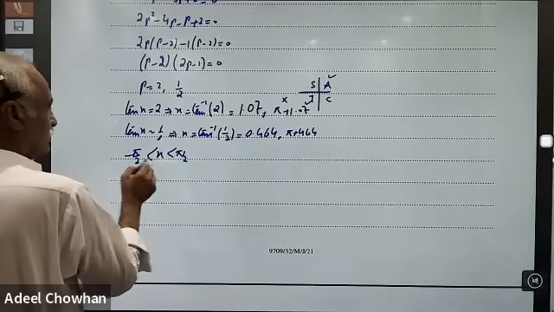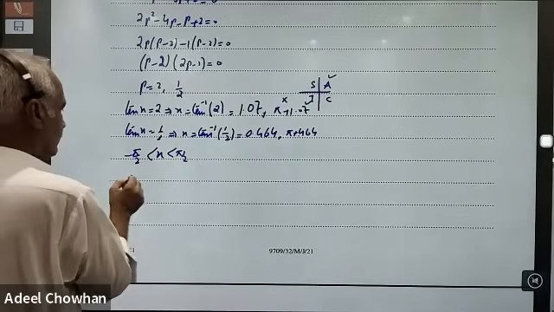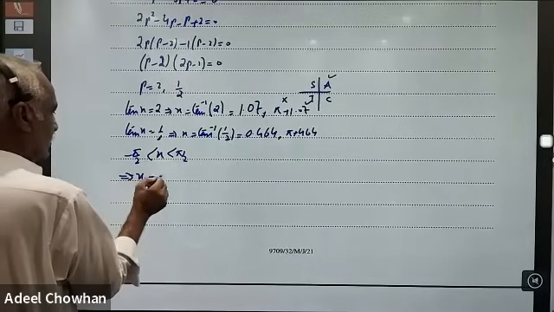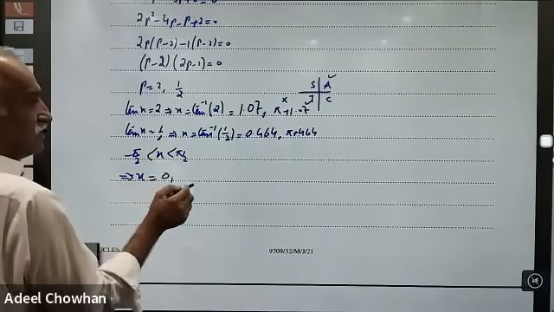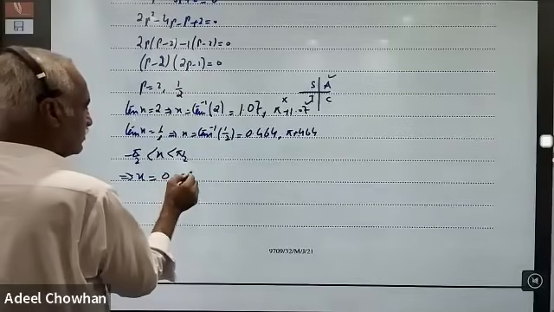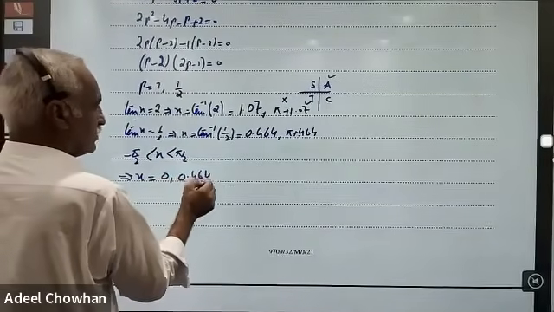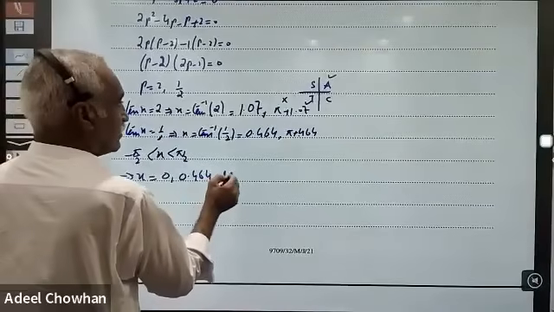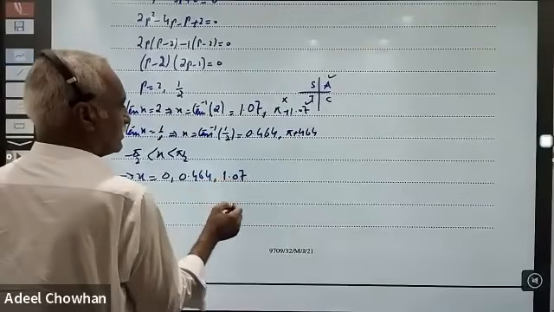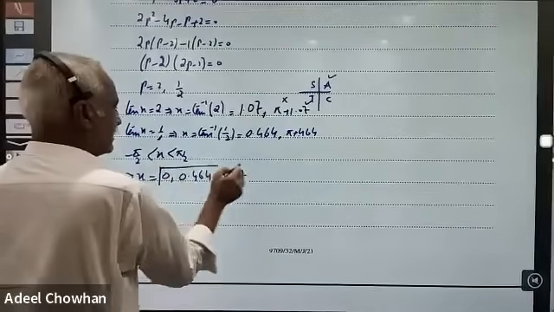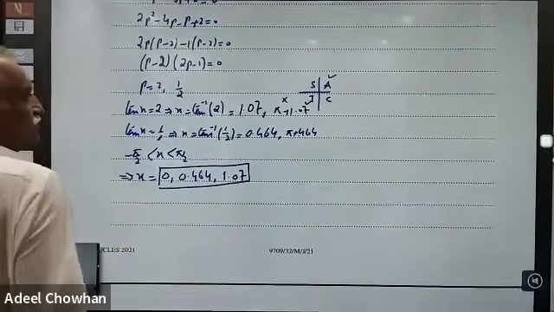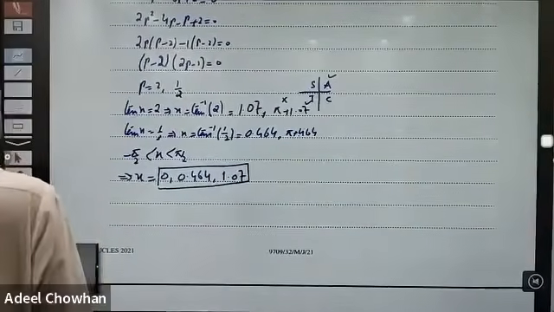So our values are 0, 0.464 and 1.107. So these are the actual values which lie in this range of this trigonometric function there.